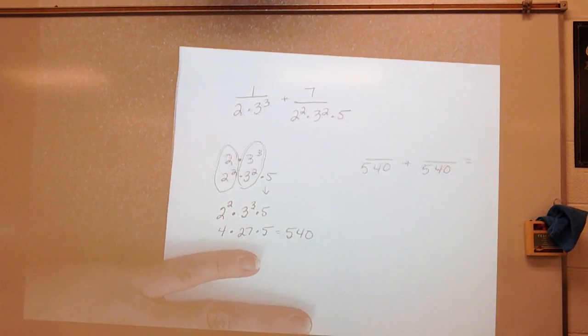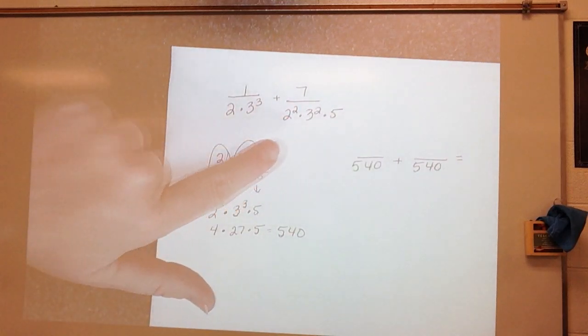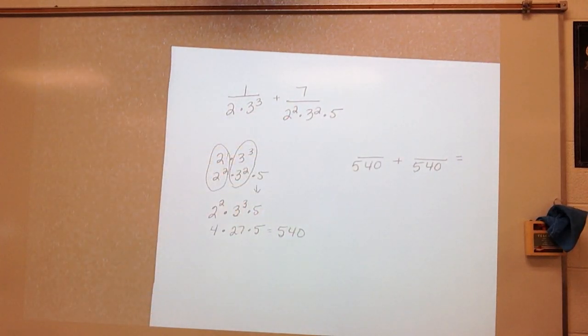And see why, if I try to figure all of this out, I'm going to get some pretty big numbers, which is going to take a little bit of time. Alright, so now I figured out my common denominator. Now I need to figure out what I'm going to do with this.